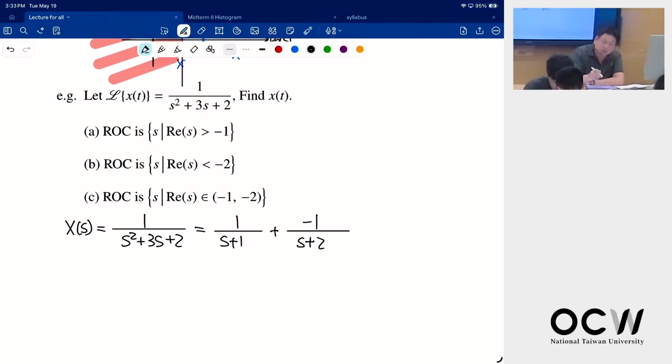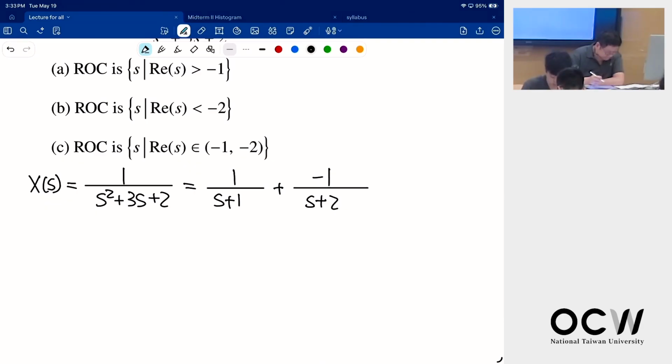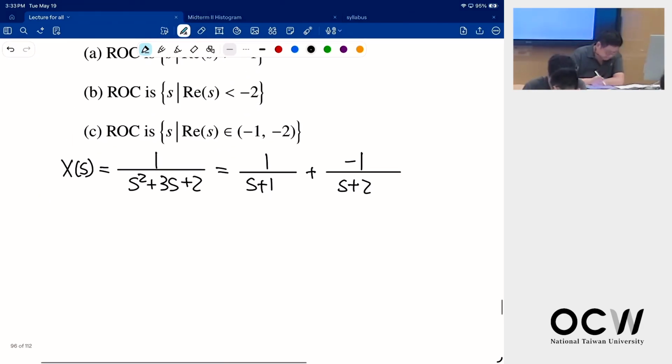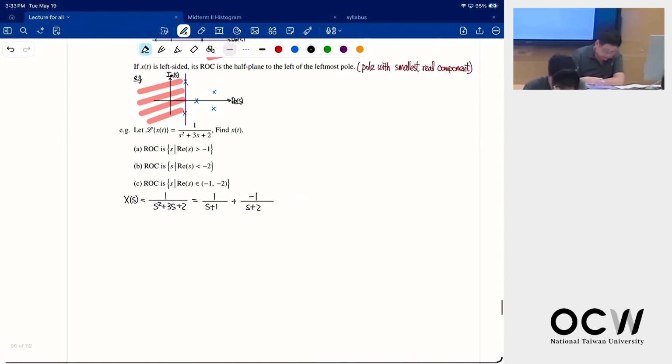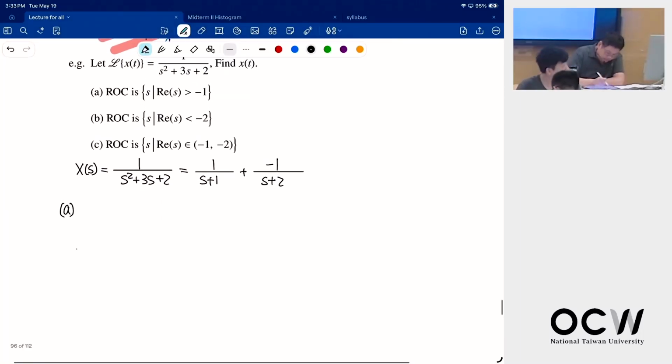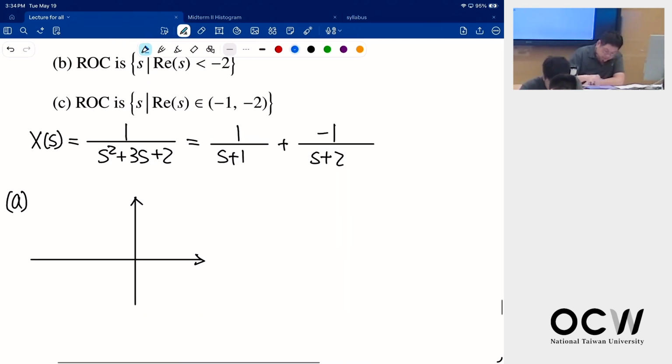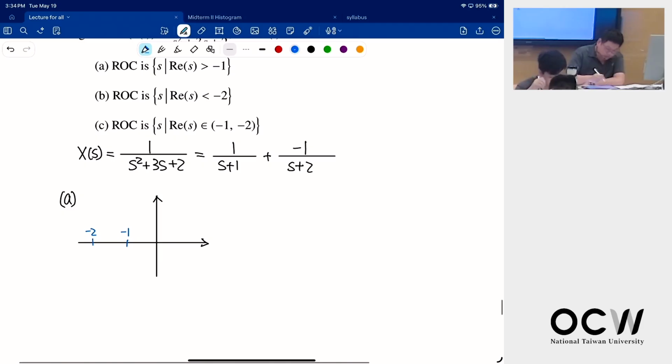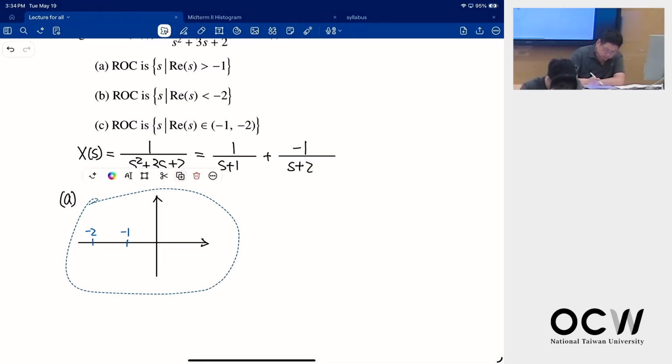So first we can plot A, we have minus 1 and minus 2.